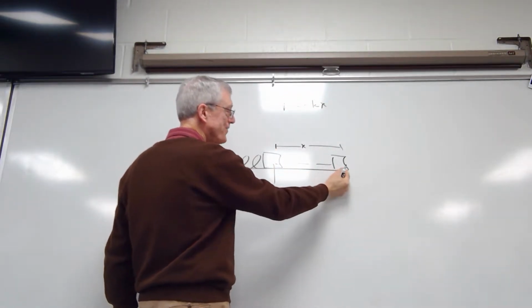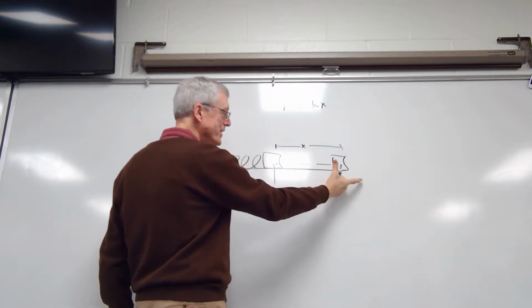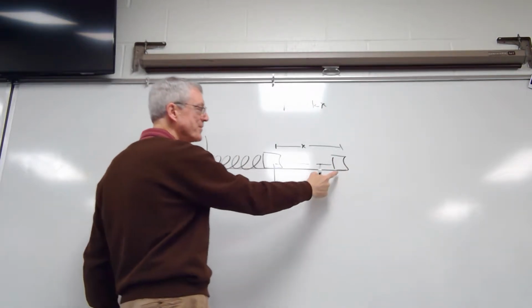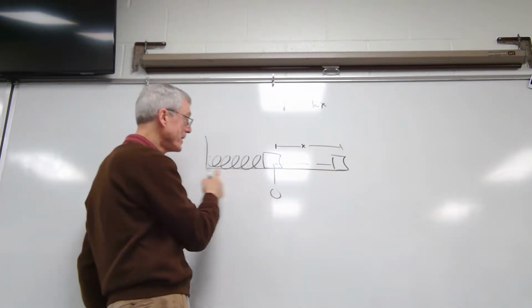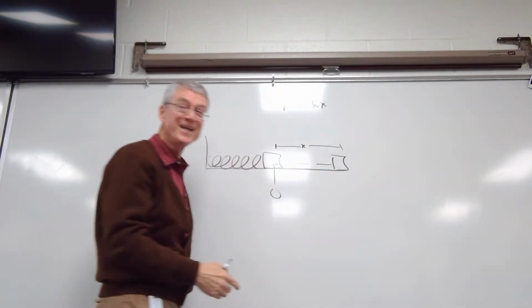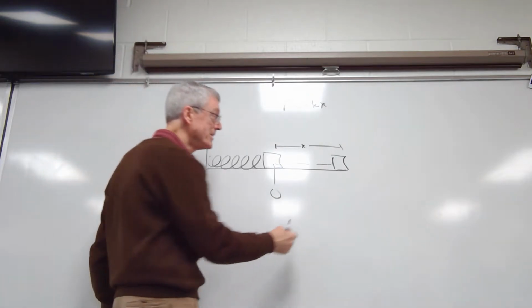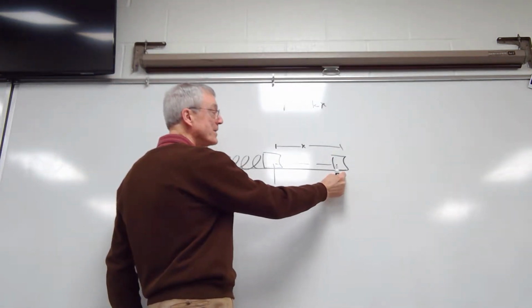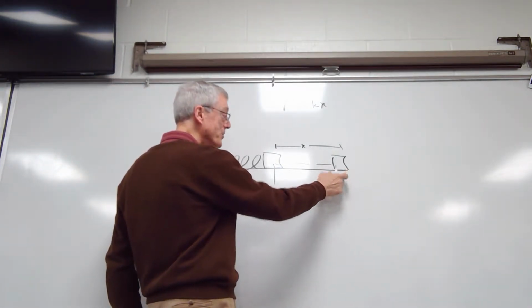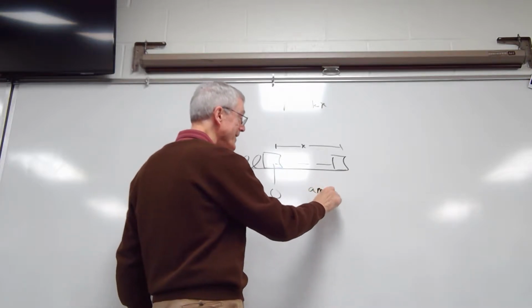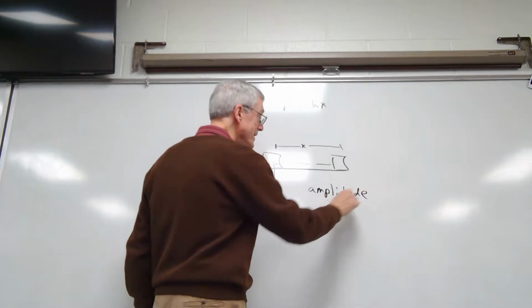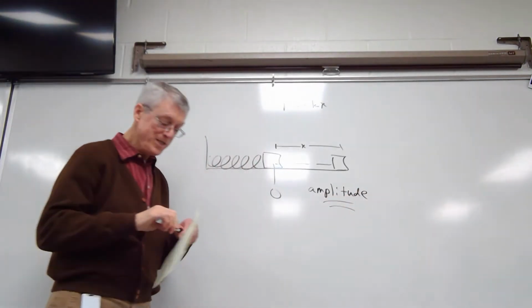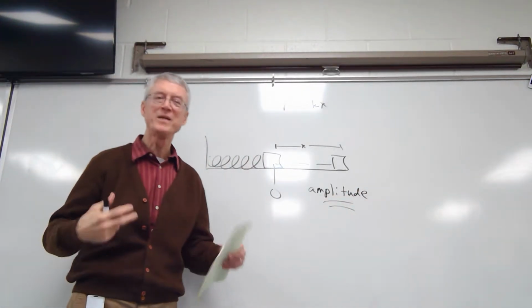But if that's the farthest I pull it and then let go of it, it's never going to get farther to the right than that, is it? It's not going to come back here and then go farther over to the right. Can't do that. Conservation of energy. So that's the farthest it's ever going to be, and that is the definition for the word amplitude. The word amplitude means the maximum displacement.